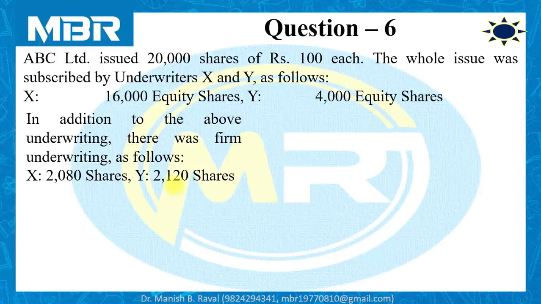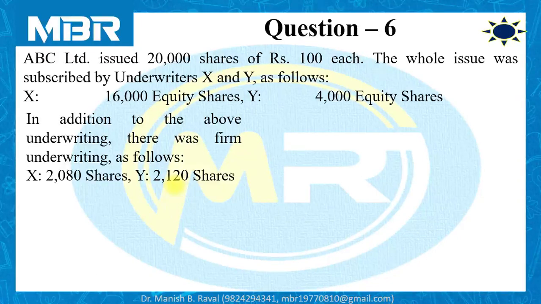It means that even if net liability of underwriters X and Y is zero, the company will allot 2080 shares to X and 2120 shares to Y. These underwritings for 2080 shares by X and 2120 shares by Y are known as firm underwriting, confirmed underwriting. The company will allot 2080 to X and 2120 to Y.